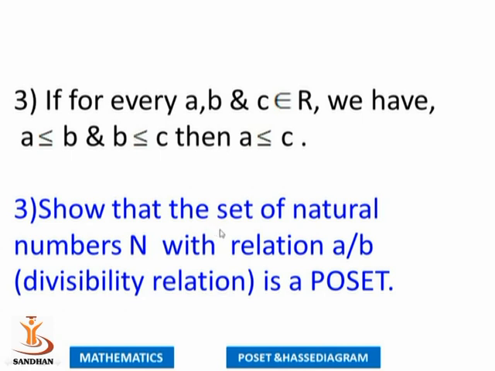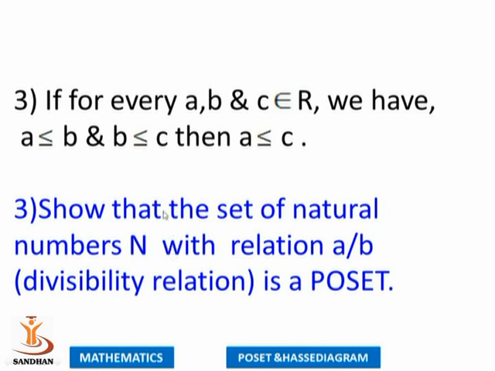And for any three real numbers A, B and C, if A is less than or equal to B and B is less than or equal to C, we can directly say that A is also less than or equal to C. That is, 2 less than or equal to 3 and 3 less than or equal to 4, we can write that 2 is less than or equal to 4. So it is transitive. So all the three conditions are satisfied. So R with the relation less than or equal to is a poset.